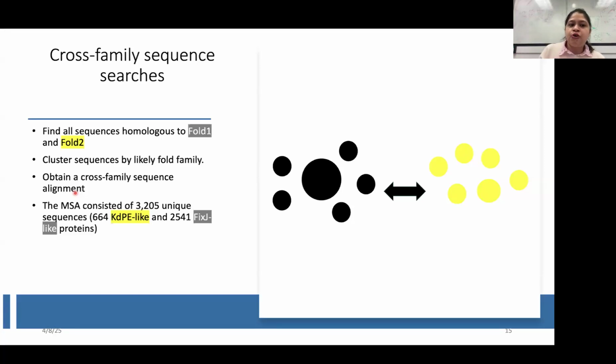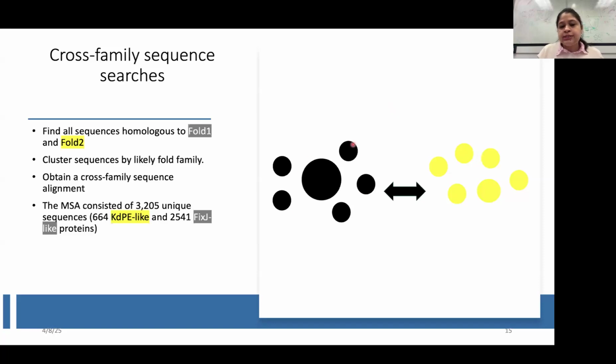So for that, we perform something called cross-family sequence searches, which we also did earlier when we were trying to build our data set, when we were searching KdpE-like sequences using FixJ-like sequences. So what we did was, let's just follow the figure because it's easier to follow there. So find all the sequences that are homologous to fold 1, and I've kept the color scheme the same everywhere for us to remember. So this is FixJ-like, and this is KdpE-like domains, right?